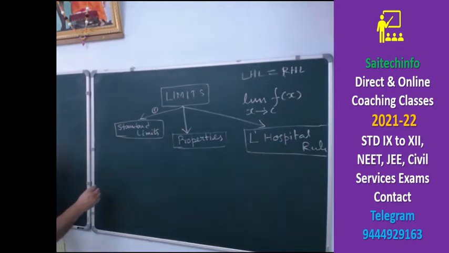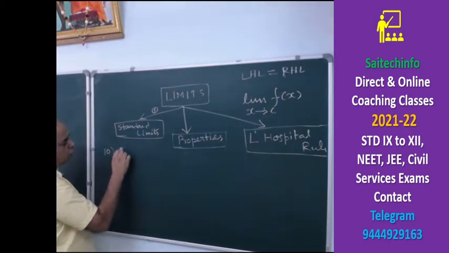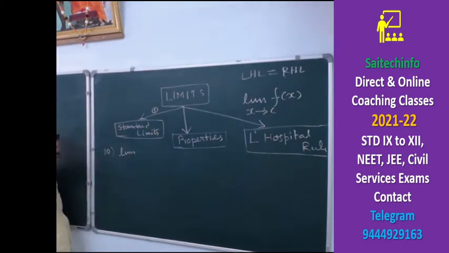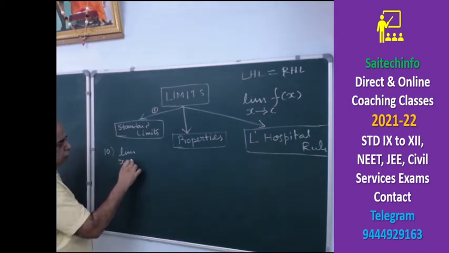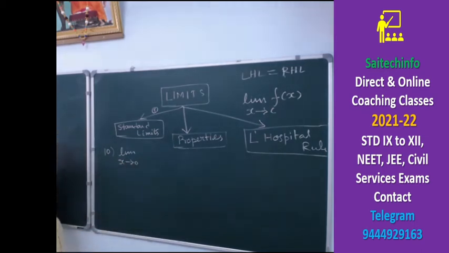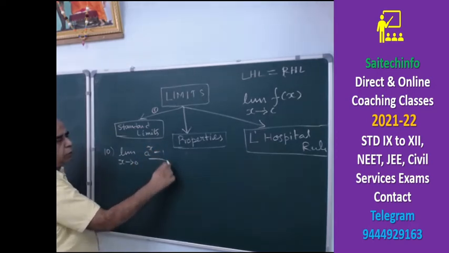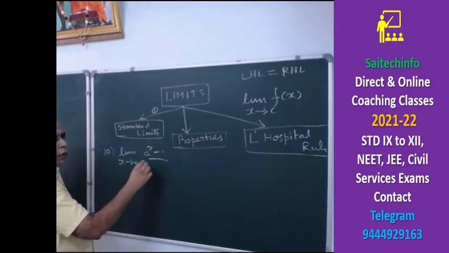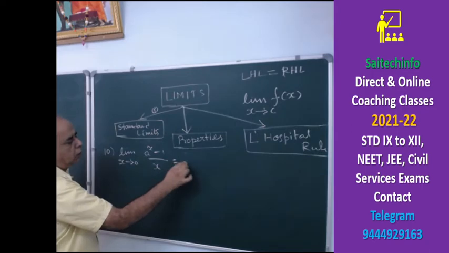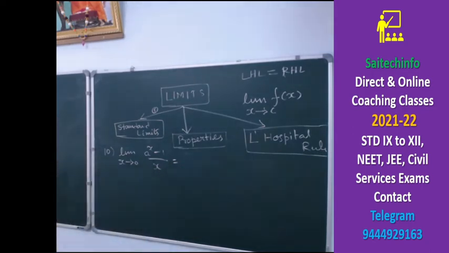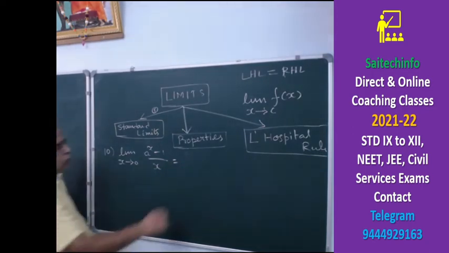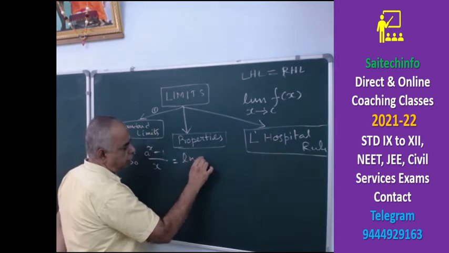And then 10th one. Limit x tends to 0 for the function a power x minus 1 divided by x. So the value for this is natural log a.